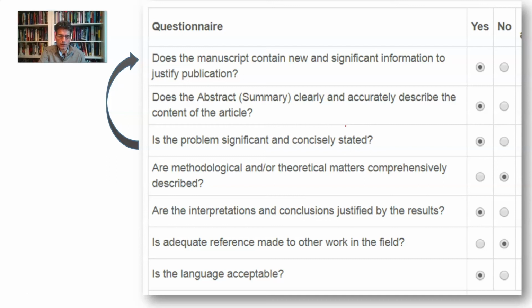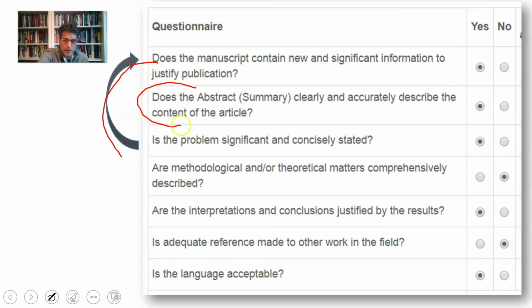And this very first question that we see as reviewers, this one here, does the manuscript contain new and significant information? If that's already in the abstract, that helps a lot. And as you can see here, it's something that a lot of journals want as well. Clearly and accurately describing the content of the article, not something that differs or a promise that is not delivered on.